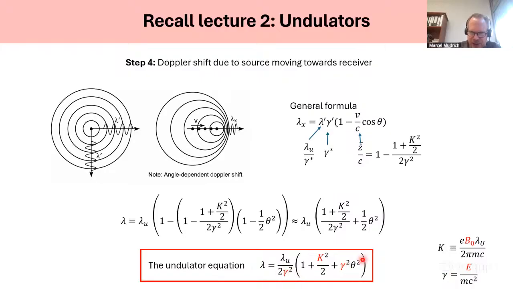And then there's an additional term that comes from the Doppler formula, which indicates a wavelength dependence as a function of the angle off axis.